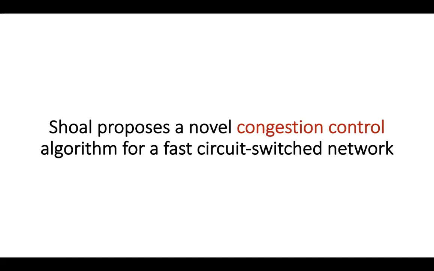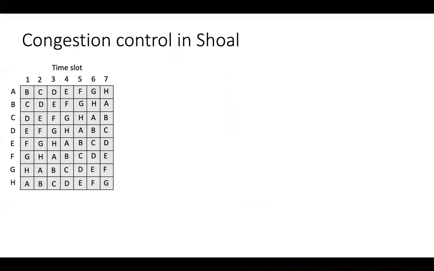Now, there have been a lot of congestion control algorithms designed for packet switch networks, but this is the first work where we propose a congestion control algorithm which is targeted specifically for fast circuit switches. And the trick here is, again, to leverage the static schedule that we have at hand.